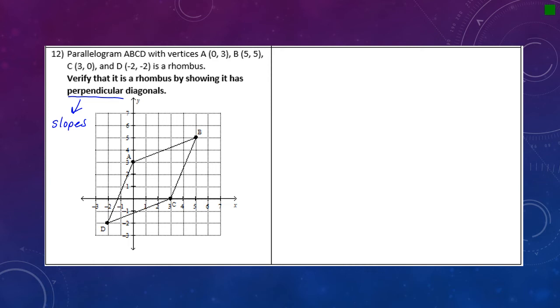So make sure you're connecting the opposite vertices. One of them is going to be AC, which is points 0, 3, and 3, 0. And then the other one is going to be diagonal BD. B and D are points 5, 5, and -2, -2.